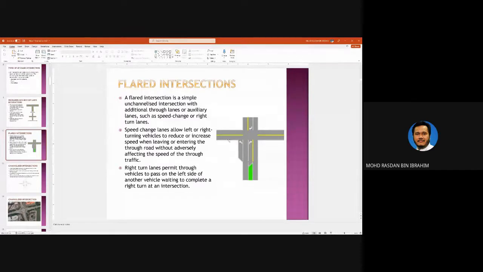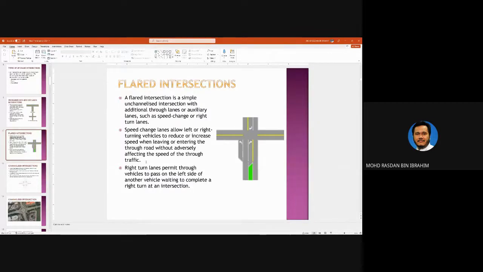If the other side here has another auxiliary lane, you decelerate here and you turn left, enter the other road in the other auxiliary lane, and this one over here is going to be the acceleration lane, where you need that lane to accelerate and join into the mainstream of the traffic over here. So you have two types of auxiliary lane, which is the deceleration over here and acceleration over here.